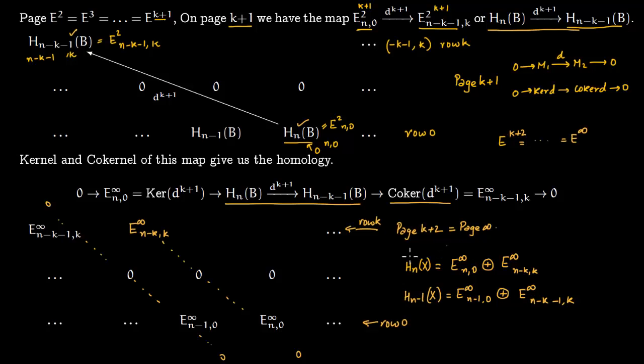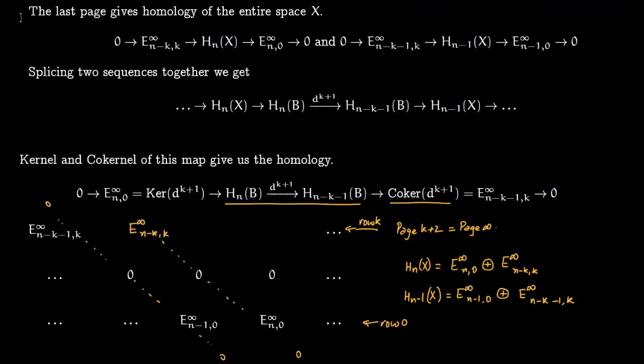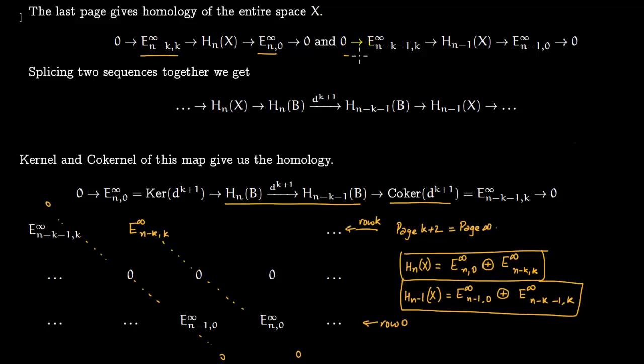So this we will write as a sequence. Now we have this thing. This we rewrite as a sequence like this, goes to E infinity n,0 and comes from here. And the second portion, this we rewrite as a sequence here.